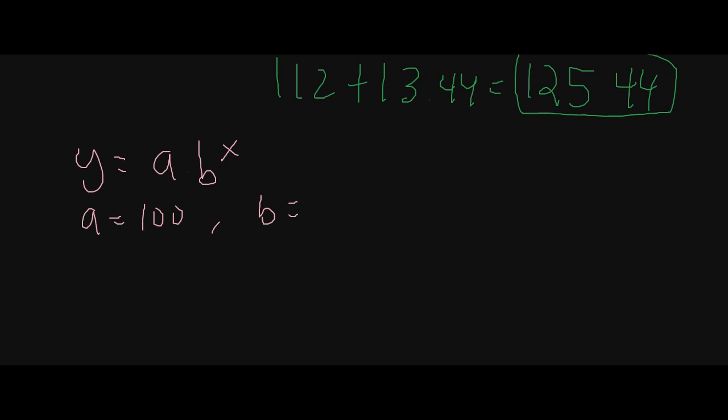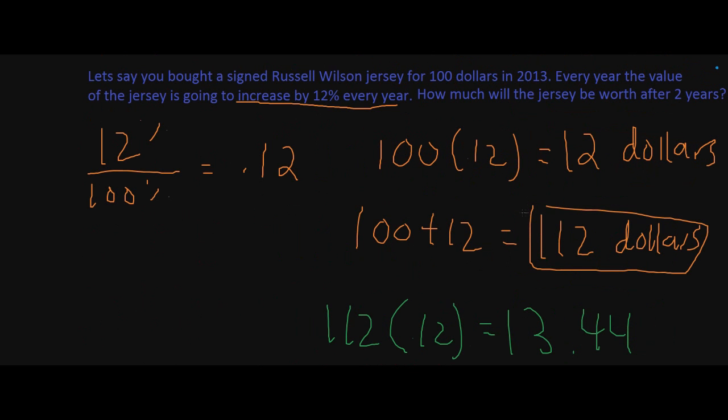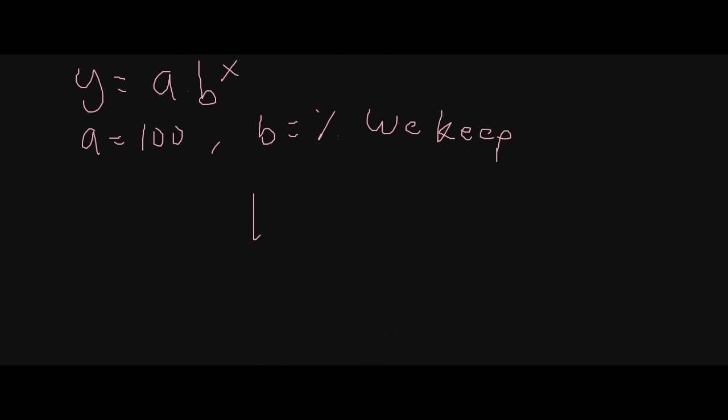Now b is going to be the percentage we keep. So we know for a fact that no matter what, we're going to keep 100% of its value. We're going to keep the $100 in the bank, right? No matter what. So we're going to keep 100% of its value, and we're going to increase every year by 12%.